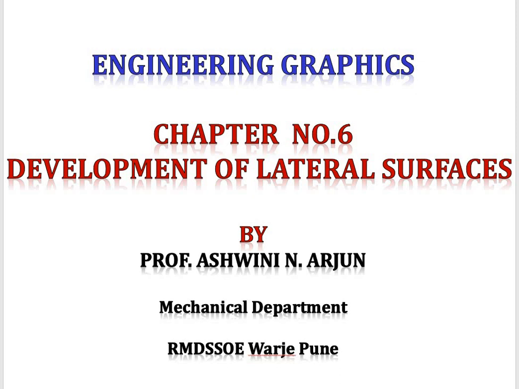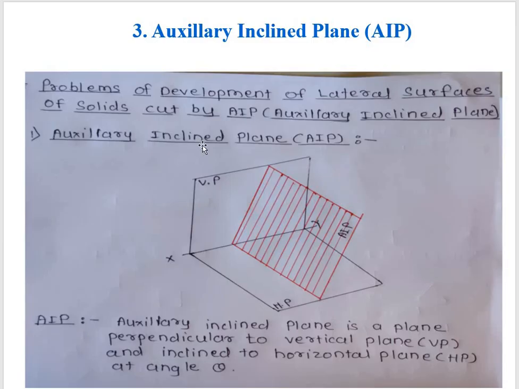In the last two videos we have seen the basic things related with the DLS: what is meant by a solid, the different applications related with the DLS, the different resting conditions for the cylinder, cone, different types of prisms, and also pyramids. And we have also seen the development of that type of solid for the uncut sections.